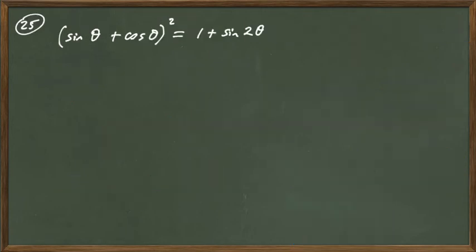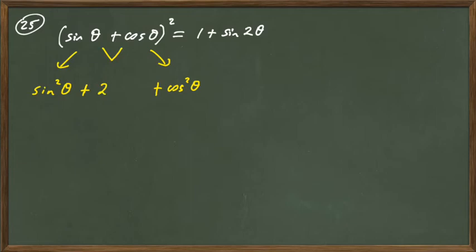Okay, let's take a look at this one. This one I think you'll find is another identity, but I don't believe it'll be quite as hard. Please watch. Do you know how to square a binomial? You square the first, you square the last, you multiply this and double it.